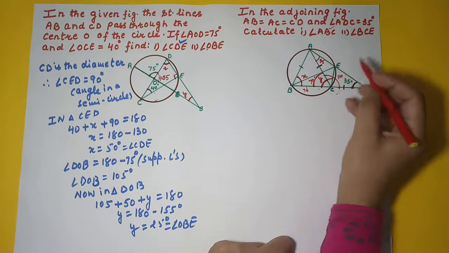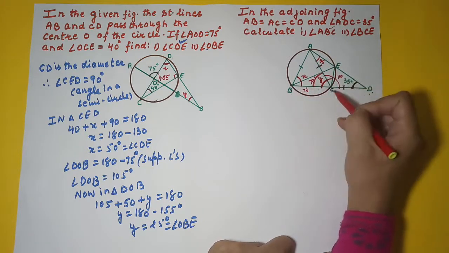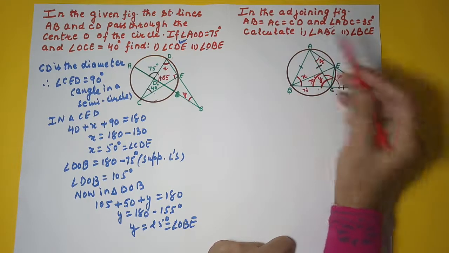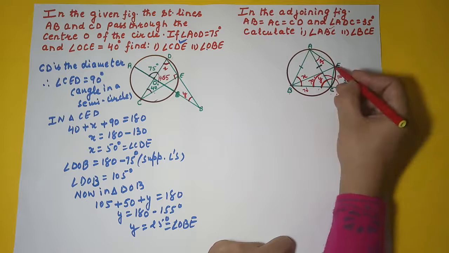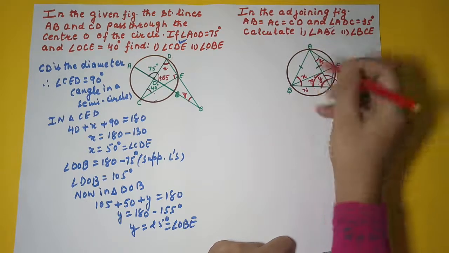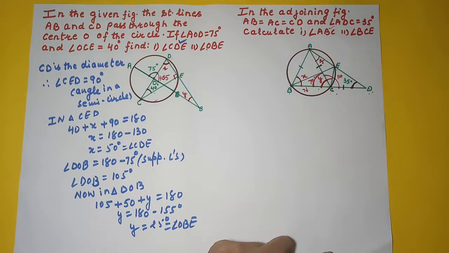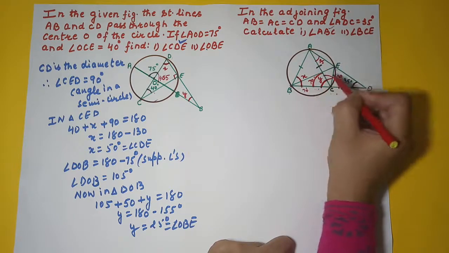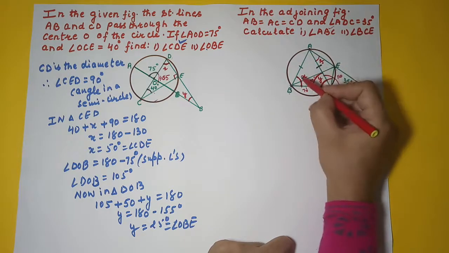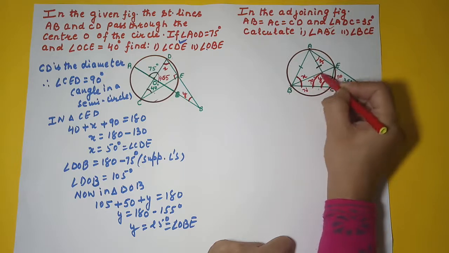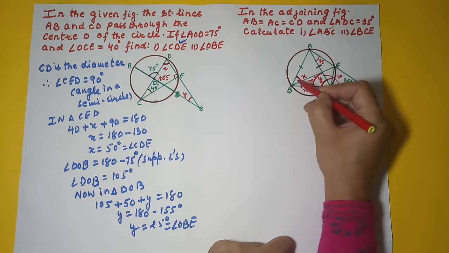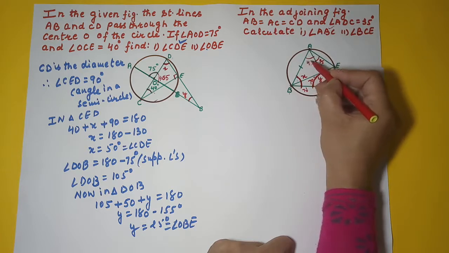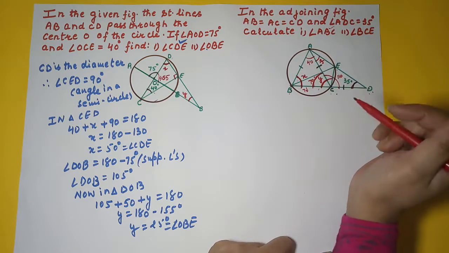Now he wants us to calculate BCE. Now BCEA is a cyclic quadrilateral. Fine. Can we use it somewhere now? If you look at this triangle ABC, both these angles we have found. This is 70, this is also 70. 70 plus 70 is 140. So this angle will be 40. Triangle sum property.